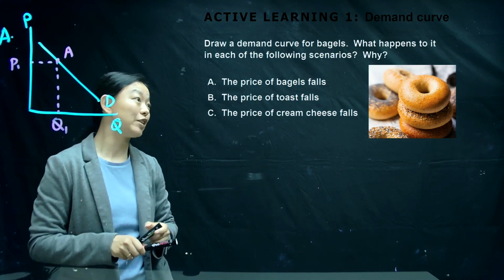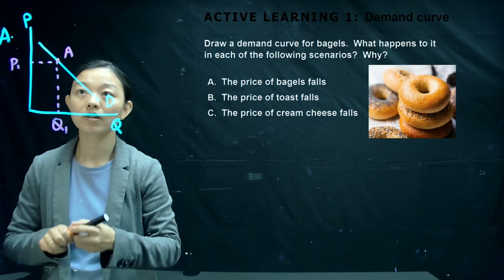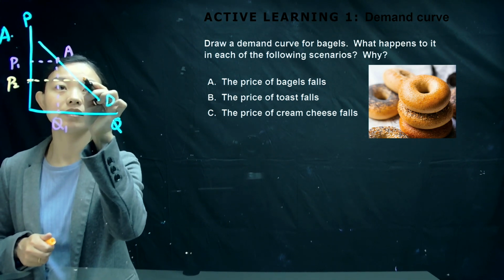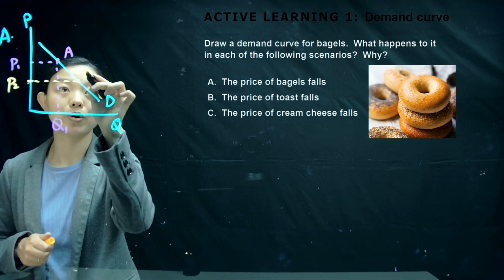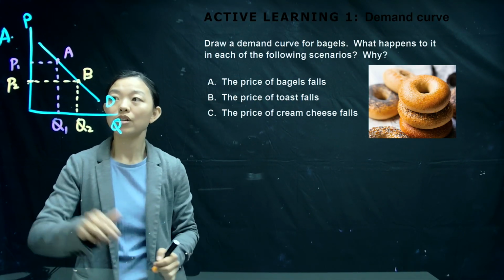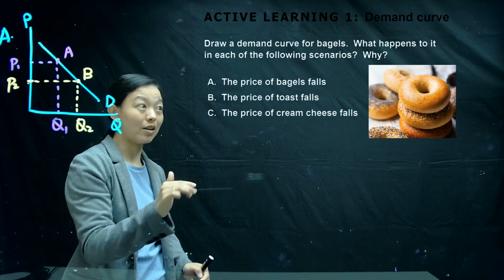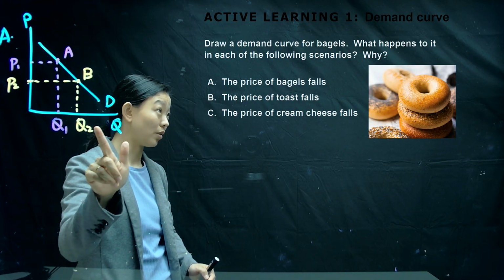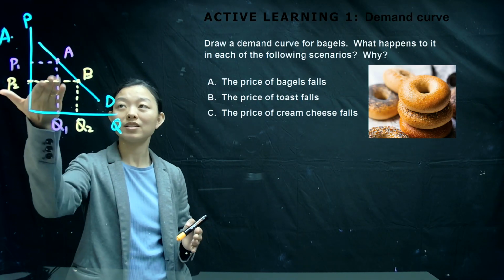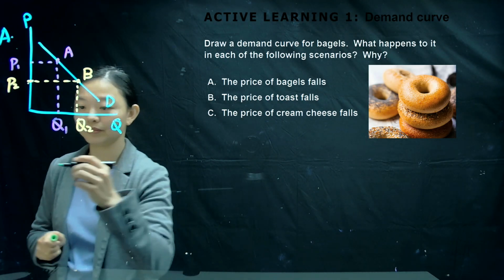Now bagel's price decreases to P2. And then you can find the corresponding point on this demand curve and find the new quantity demanded. So when the price decreases, the quantity demanded of bagel will increase. Okay, so this will be for scenario A.